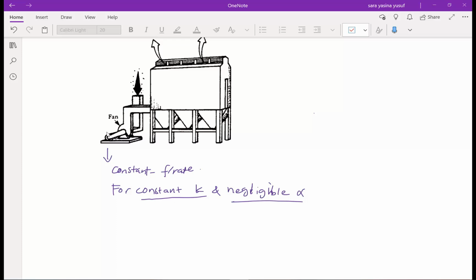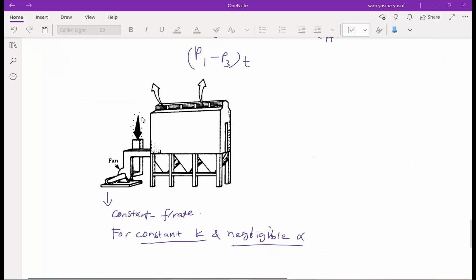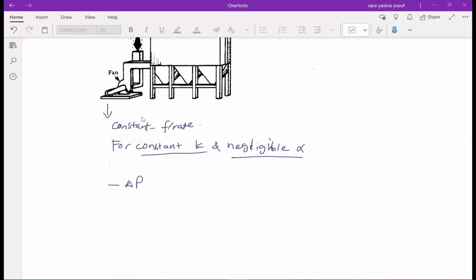For that, okay, let's look at the equation again. So yang ni akan jadi kosong and K is constant. So we may have a condition ataupun expression that delta P, negative pressure drop, is actually increasing linearly.